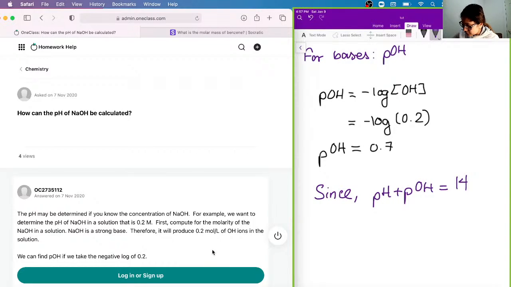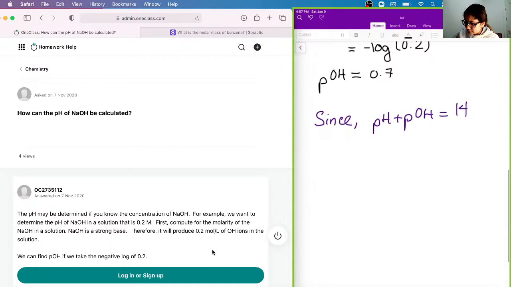We can rearrange to isolate pH, so pH is equal to 14 minus pOH.